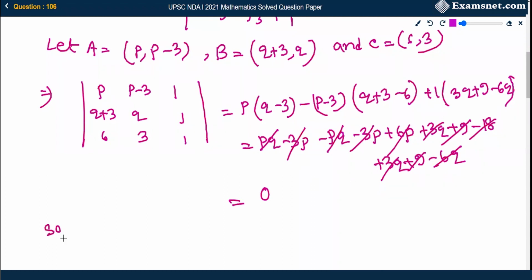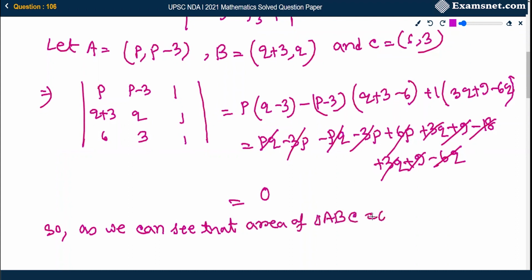So as we can see, the area of triangle ABC equals 0 for any value of p and q.